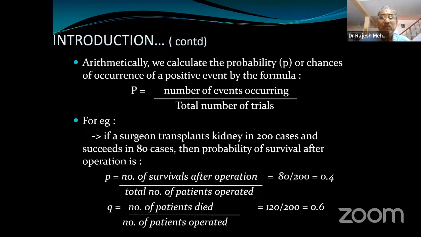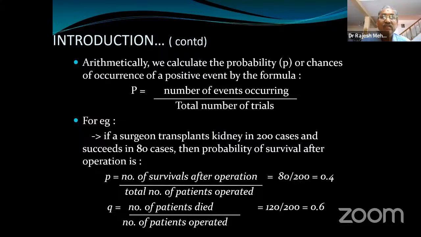Suppose a surgeon has 200 cases of kidney transplant, and 80 survived. So you can say that the probability of survival is 80 upon 200, that is 0.4 is the survival rate. Similarly, you will have 5-year survival rates.